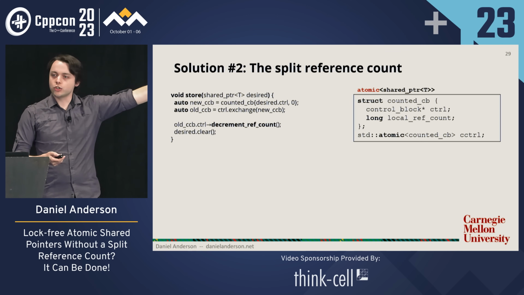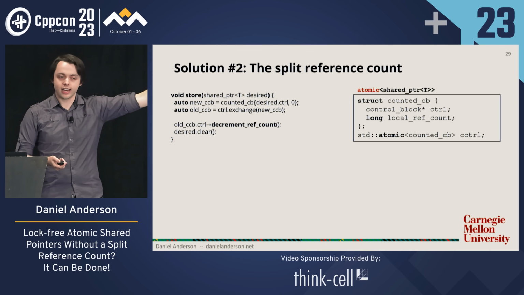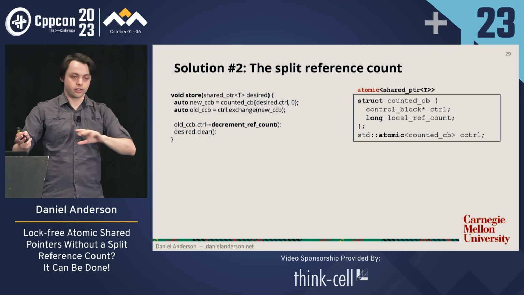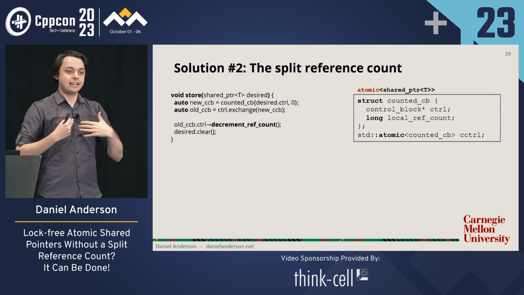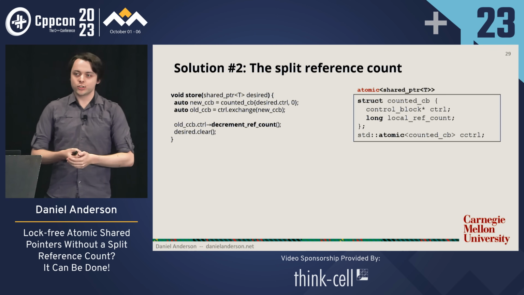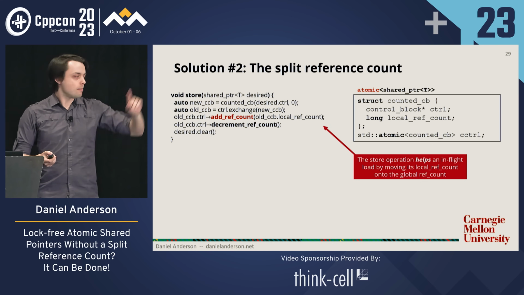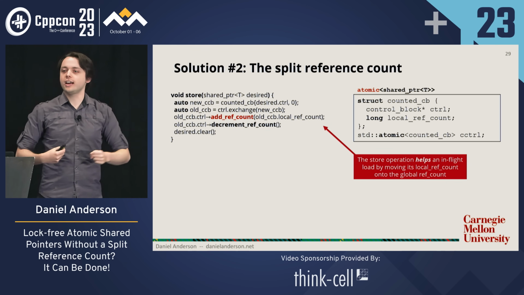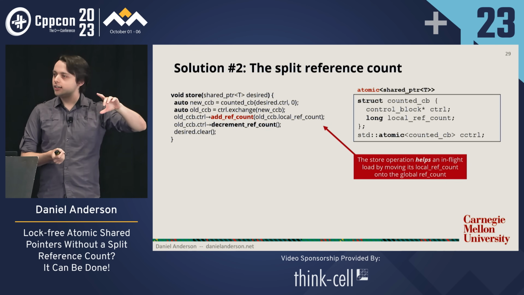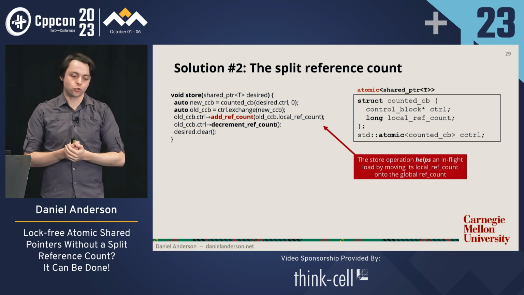So the store operation is going to look at the local ref count that it just got out of that counted control block. If it's not 0, it goes, oh, there are some loads in progress. I need to help them. I need to protect them or I'm going to kill them. So I'm going to take their local ref count and I'm going to protect them by sending that onto the global ref count on their behalf. Okay, so I'm going to take the local ref count and just add that onto the global ref count inside the control block.